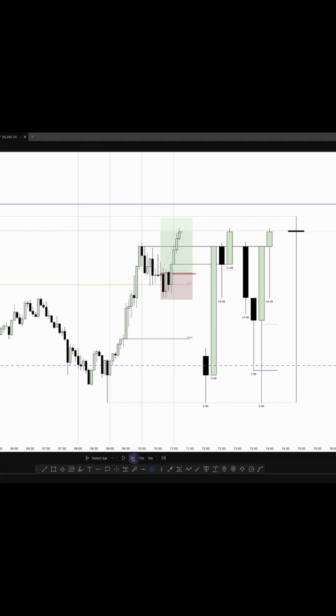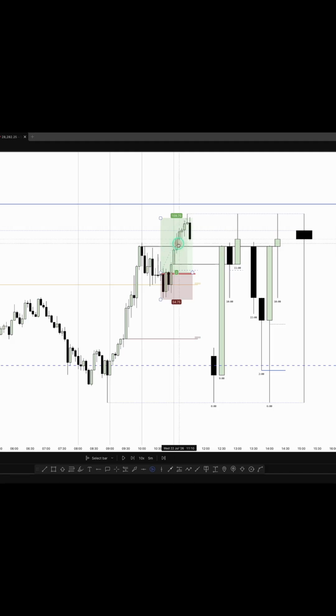In this case, price just went straight up. The candle at 11, if you would have waited for 11, it would have never given you an entry. And it went straight to 2R here. But remember, this is a doable play.